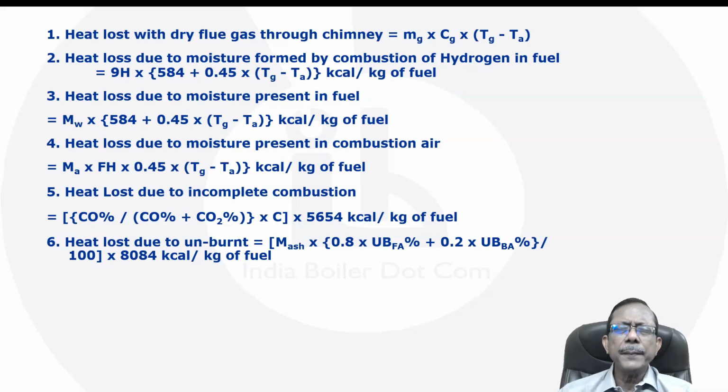Considering the fly ash and bottom ash percentage as 80-20, it can be calculated as Mash, the mass of ash per kg of fuel, times 0.8, the 80% fly ash contribution, multiplied by the unburnt percentage in the fly ash, plus 0.2, the percentage contributed by the bottom ash, multiplied by the unburnt percentage in the bottom ash, total multiplied by 100 because we are talking about percentage, into 8084 kilocalorie, which is basically the heat value of unburnt carbon, right?